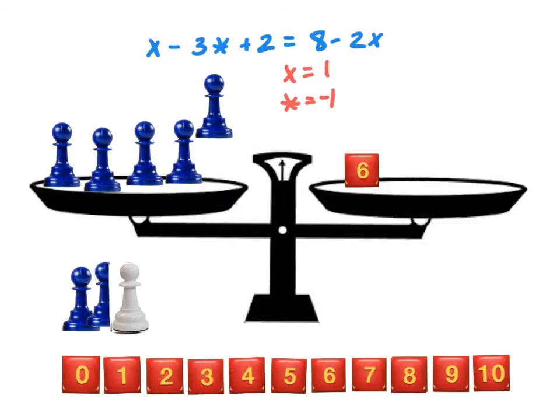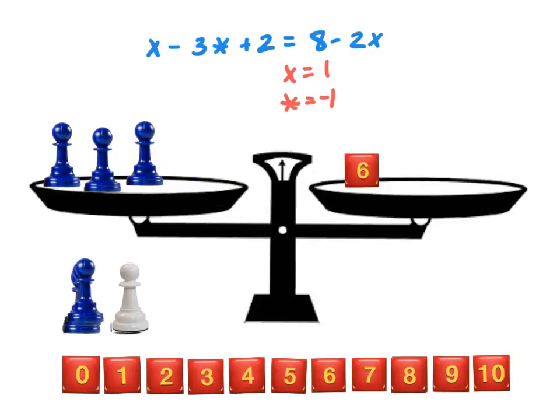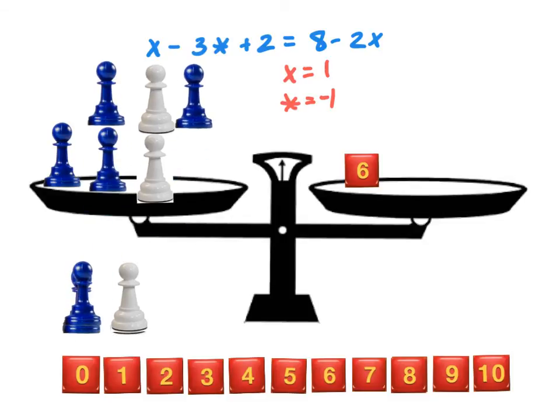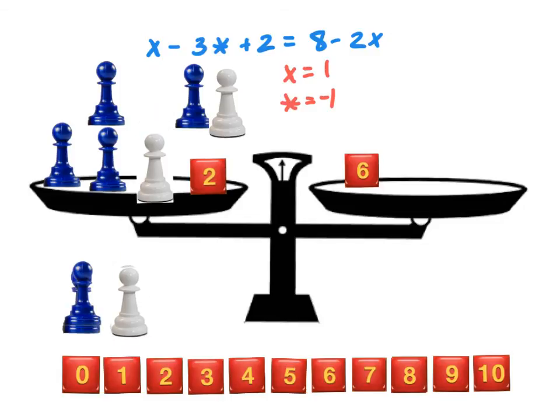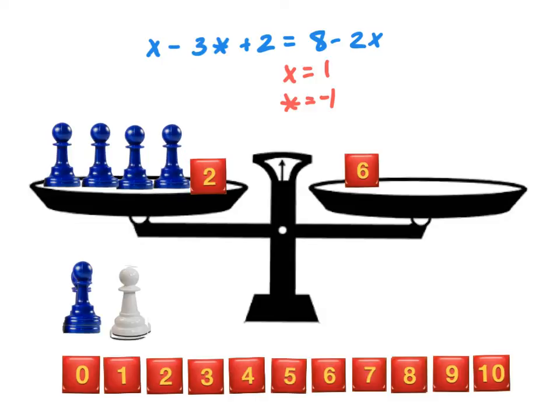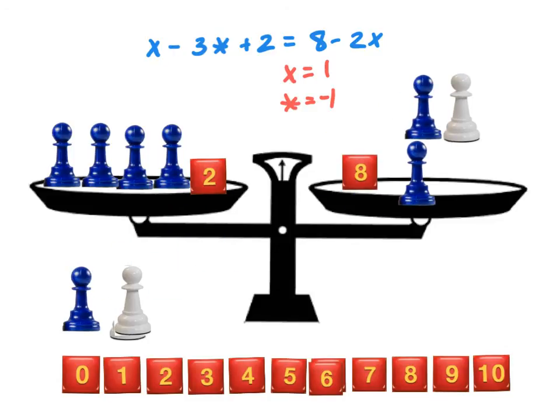Now we're going to go back to that original setup. When I originally set this up, I had an x, then I added 3 zero pairs and a 2, and then I removed the 3 stars. So I actually ended up having 4 x's and a 2 on the left-hand side. On the right-hand side, I had an 8, and then I wanted to remove 2 x's, but I had to add 2 zero pairs and then remove the 2 x's.